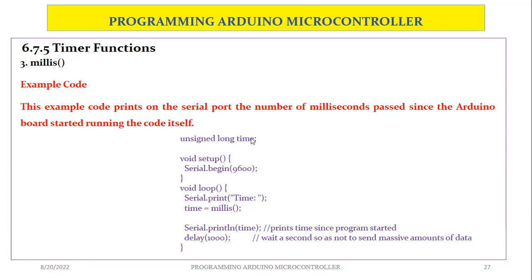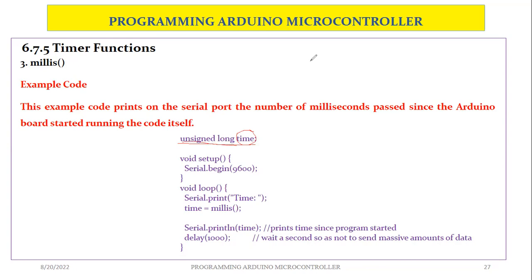The first line of the program is unsigned long time. That is the kind of data that this function returns. As you can see, we have declared a variable there, time, and it is of unsigned long data type.